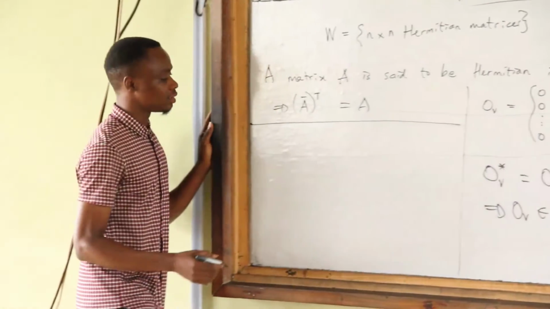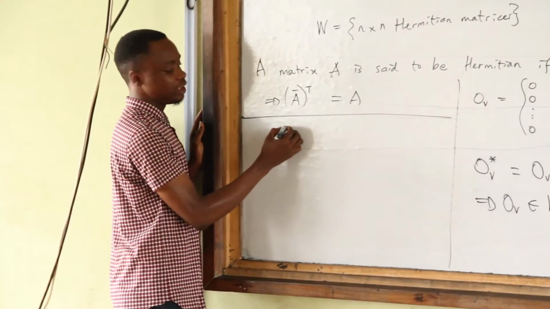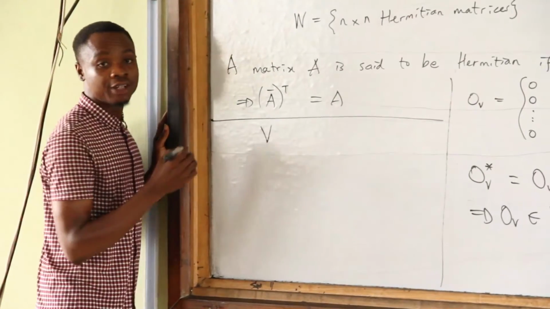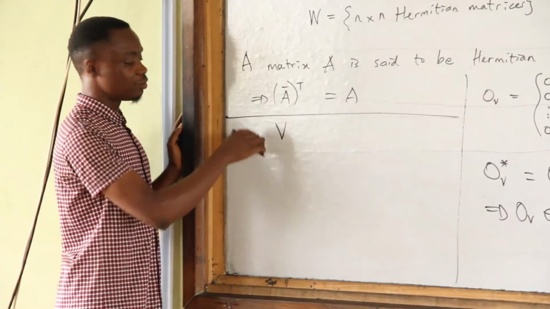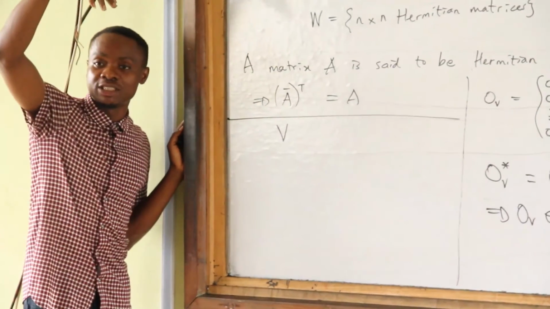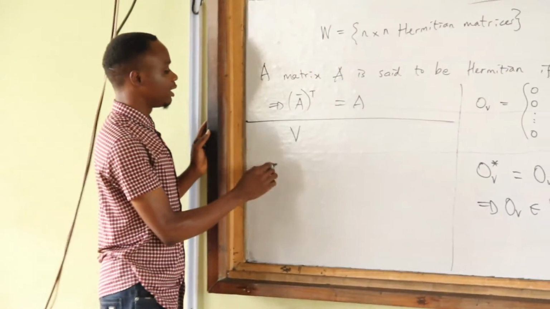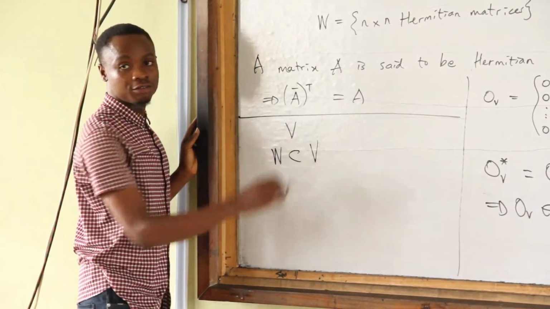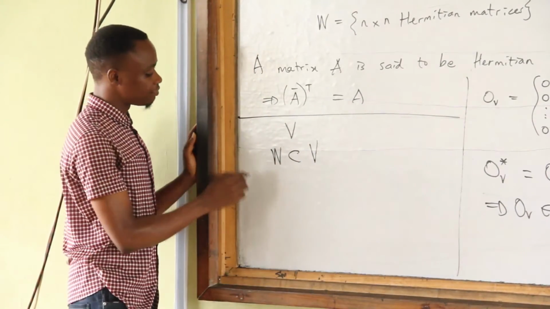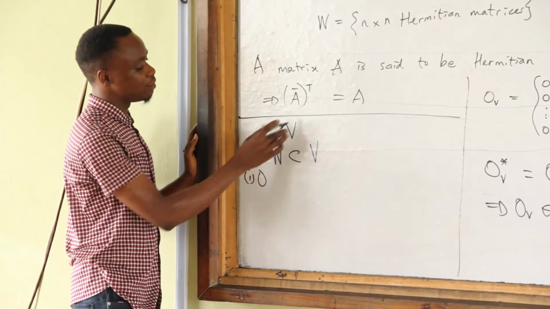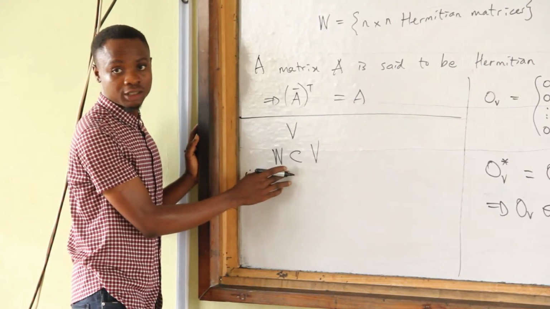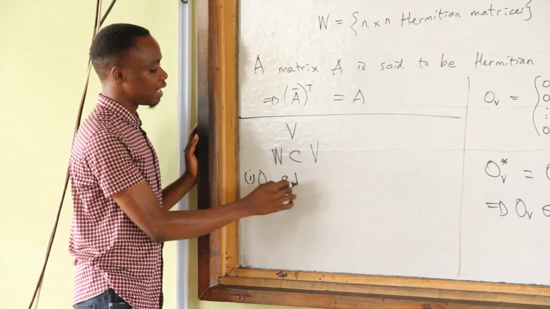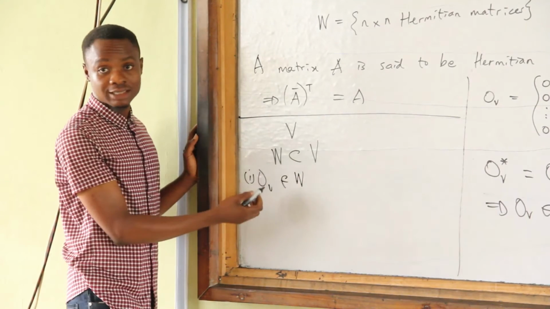Please listen. So we have the linear vector space V, which is the mother vector space, so to speak. And then we are taking a subspace of it, W, which is a subset of V. We have said one of the first conditions is that the zero element of V must also be present in W. So the zero element must be an element of W. We have established that that is true.